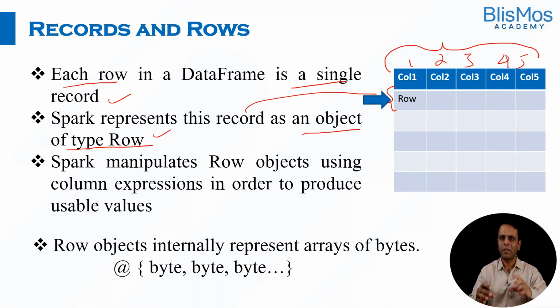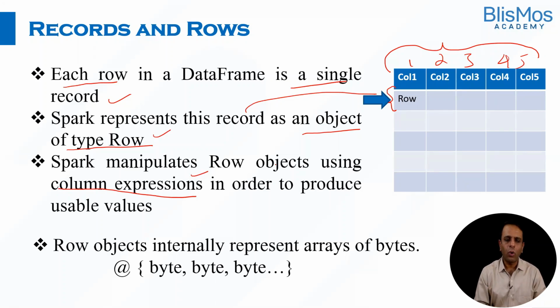As we understood in our previous lecture, we cannot have a column without a row, and we cannot have a row without a data frame. Because all of them are interspersed, whenever you want to do any manipulation with a row, you have to use column expressions. That is important.